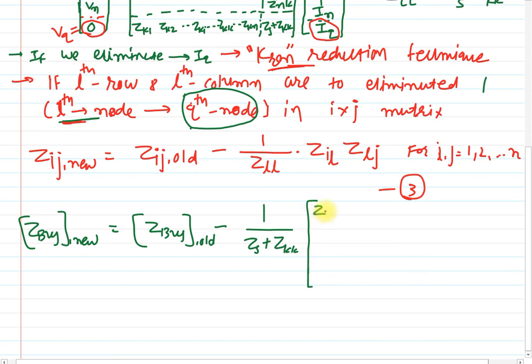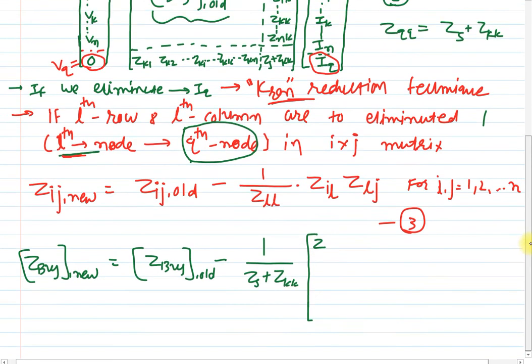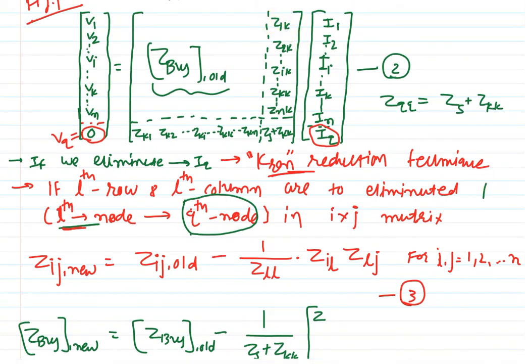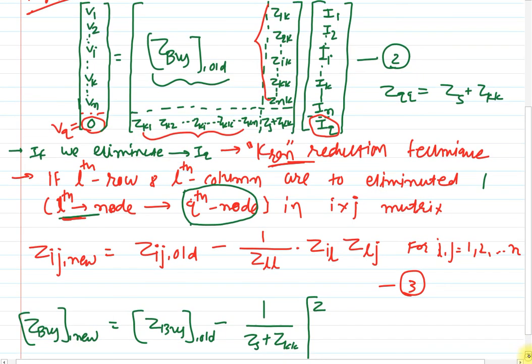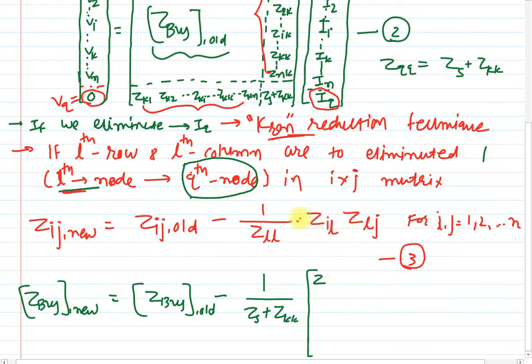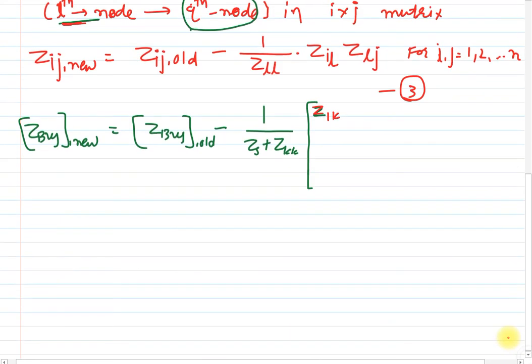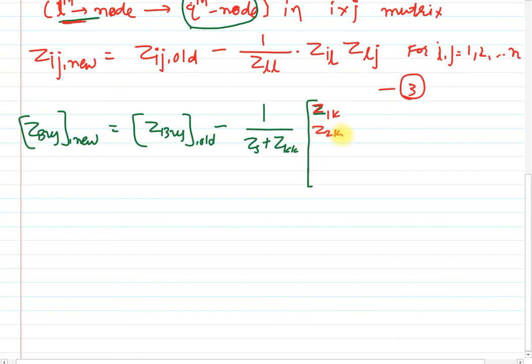This is the column vector, and this row vector into this matrix. The column vector is Z1k, Z2k, Zik, Zkk, and the last element is Znk.